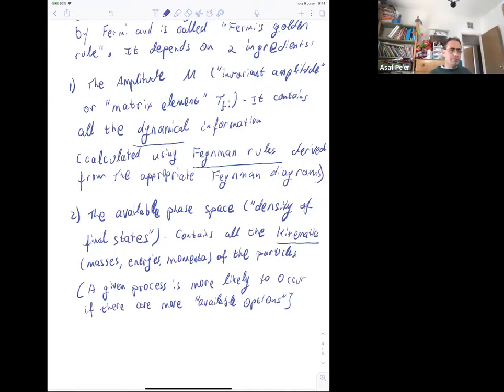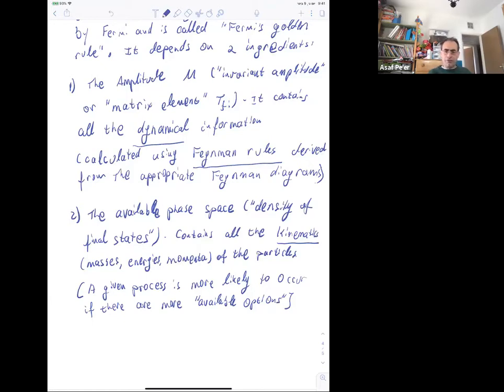So in essence, Fermi's golden rule really states that the transition rate from the initial to the final states is given by the product of the phase space and the absolute square of the amplitude. So let's use it, and then I'll introduce it and show you how to use it.